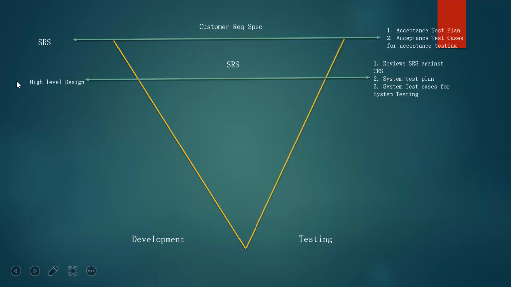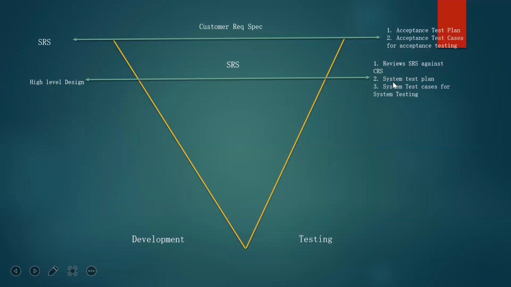So with the help of the SRS, the high level design will be created by the development team. And here the QA team, the testing team, will again review the high level design with the SRS, and they will provide the feedback.